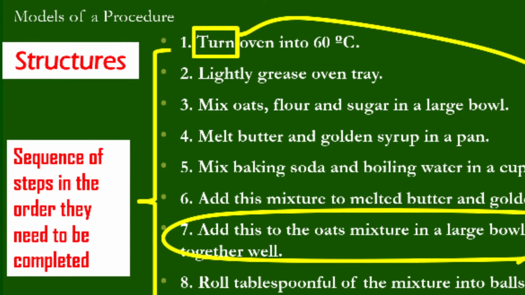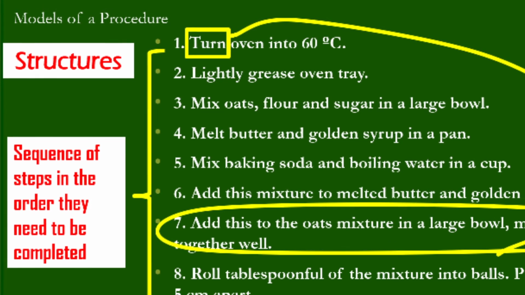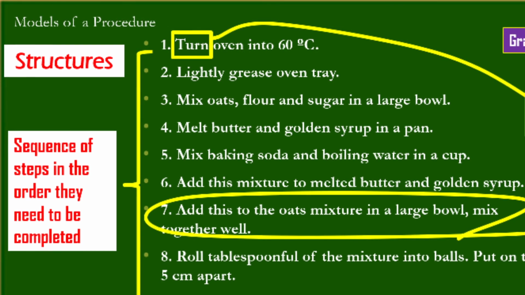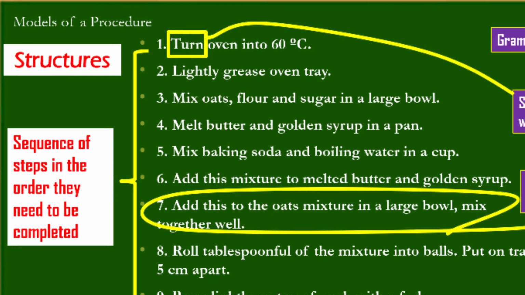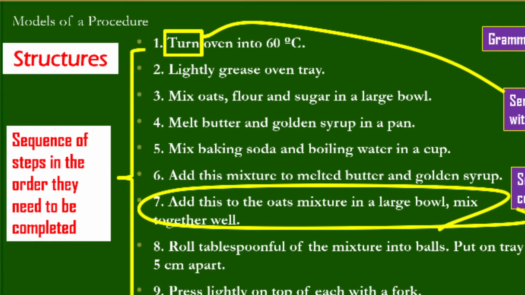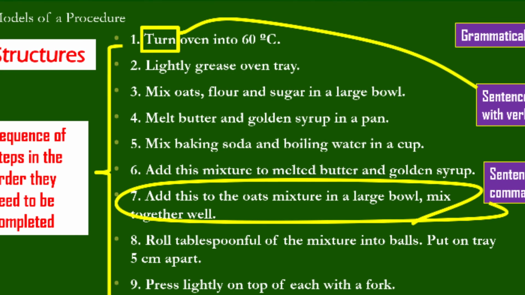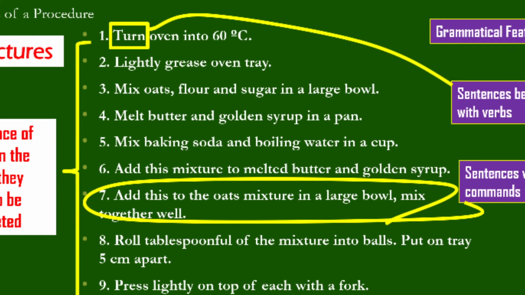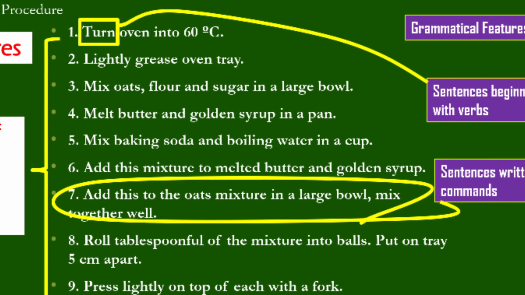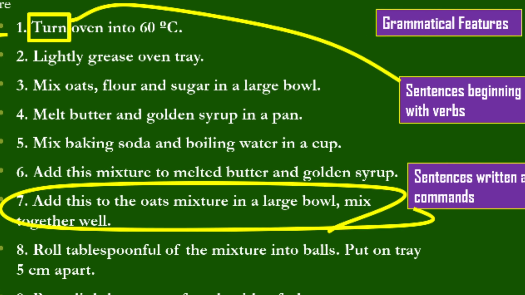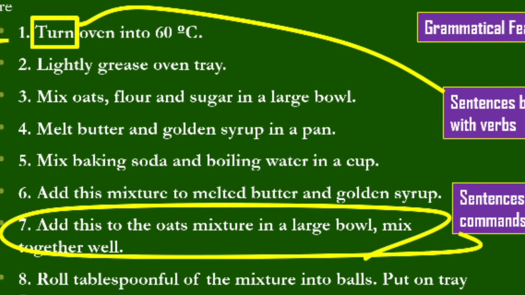In this model, you can see the structures and the grammatical features or language features of a procedure. So for structure, we have the sequence of steps in the order they need to be completed. And for the grammatical features, we have sentences beginning with verbs and sentences written as commands.